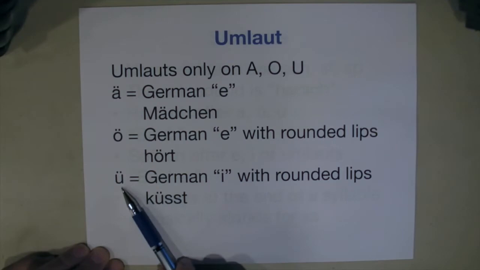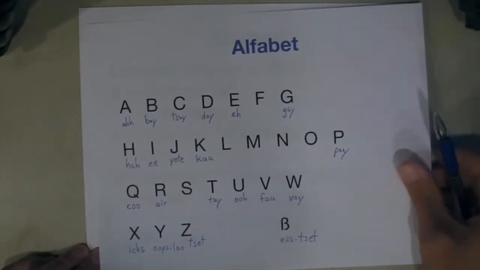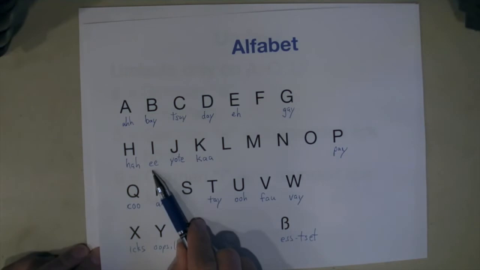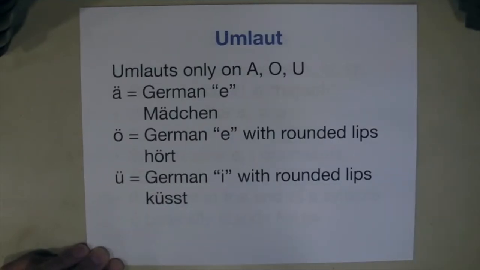All right. This U with an umlaut does a very similar thing. It is the German I, but of course we don't pronounce it that way, as you remember. It's pronounced E. So you do the same trick. You do the E, you keep your teeth exactly where they are and your tongue exactly where it is, and just bring your lips in.